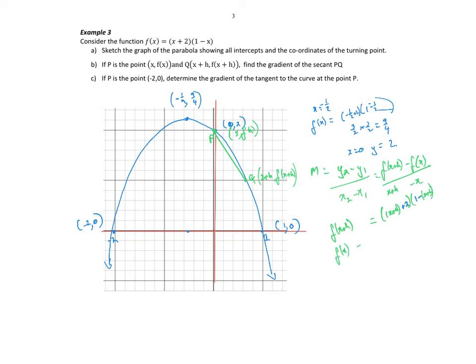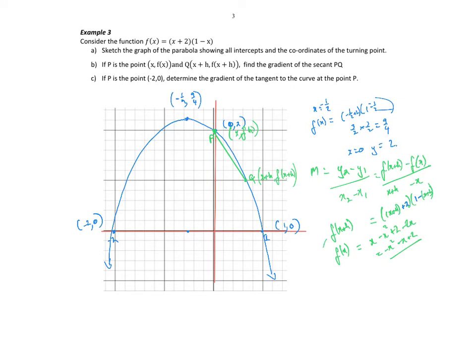F of x is equal to, well, I might expand it. I think it's going to be easy if I expand it. So x times 1 is x minus x squared plus 2 minus 2x, which is equal to minus x squared, minus x plus 2. So there's f of x.